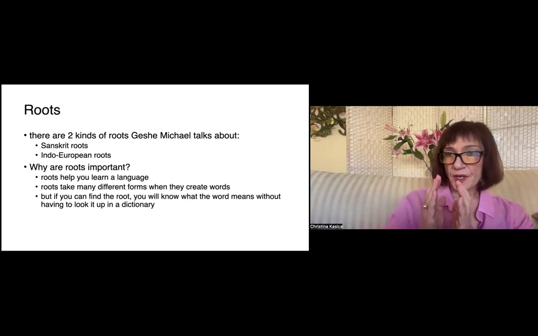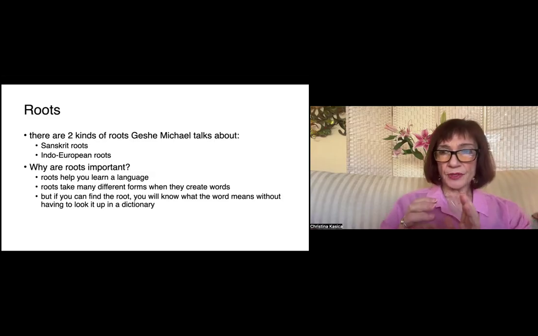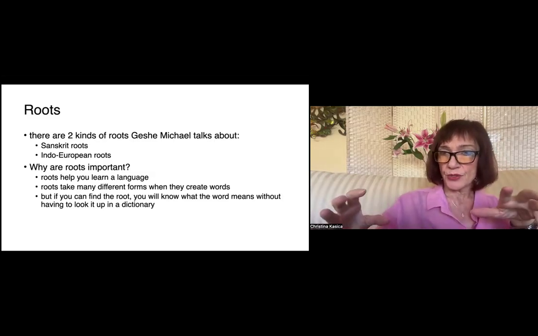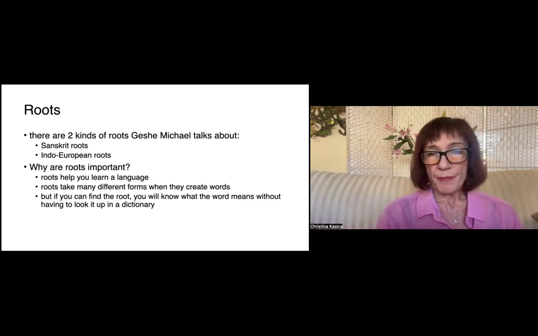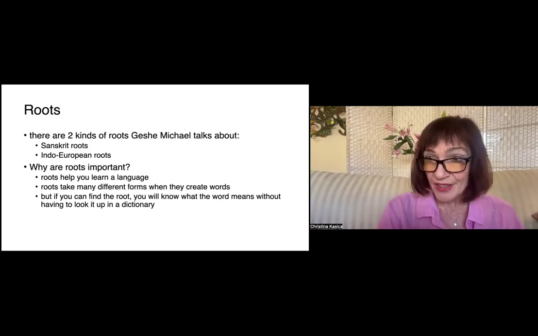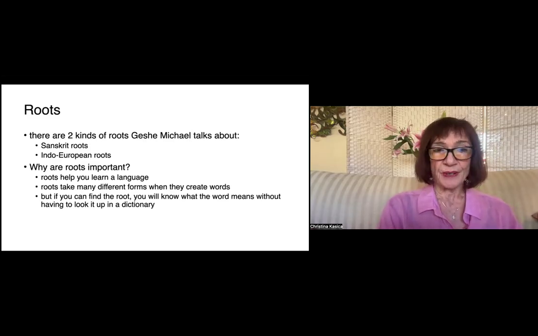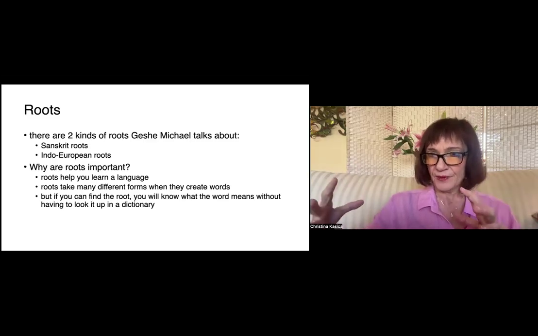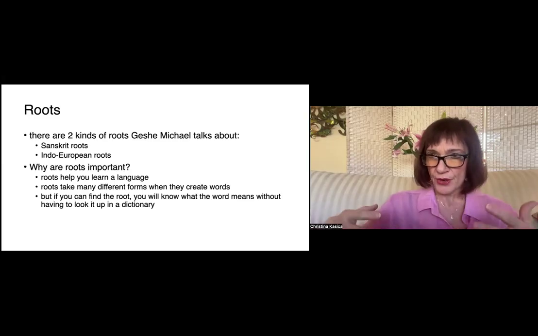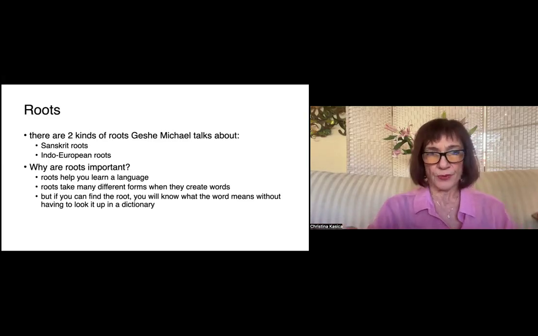They are the basic parts of a word that help you learn a language. A root can appear in an actual word in many different forms, but if you can find the root in a word, you will probably know what that word means without having to look it up. And you can more easily translate when you learn about roots.